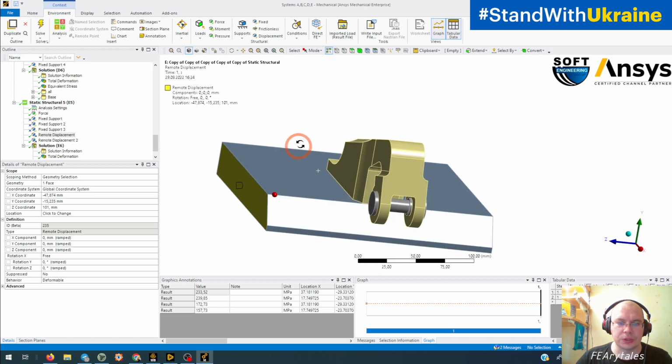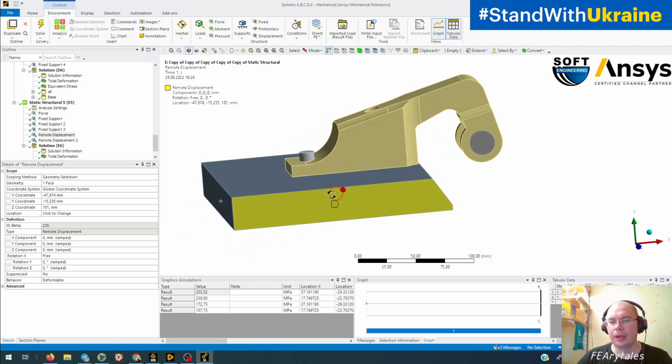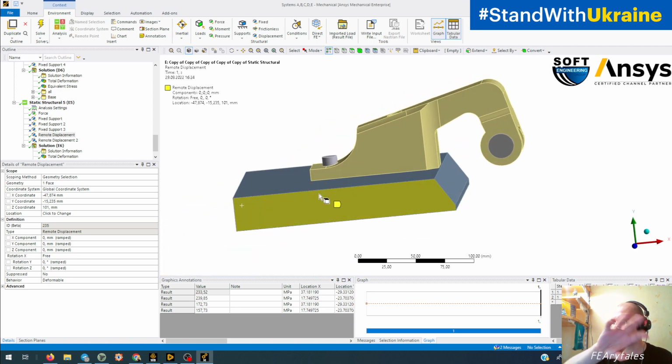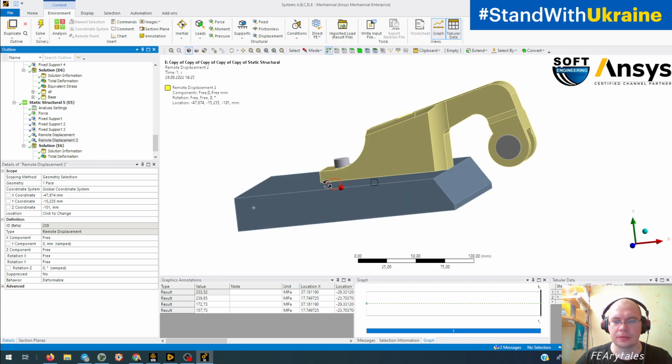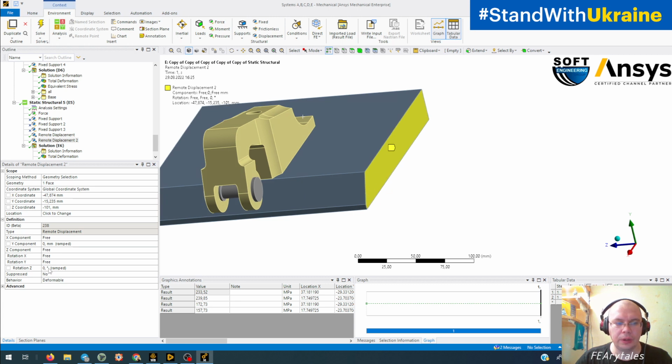And we also add a fixation around the direction in reason to not obtain rotation as rigid body. On this side, we fixed only rotation around that direction.